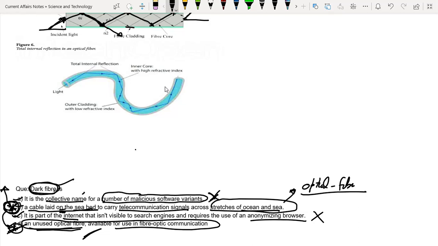So this is a small lecture, a 15 to 20 minute lecture on dark fiber, and we understand its usage, its limitations, its application in economy, in science and technology, in communication, and in day-to-day life.